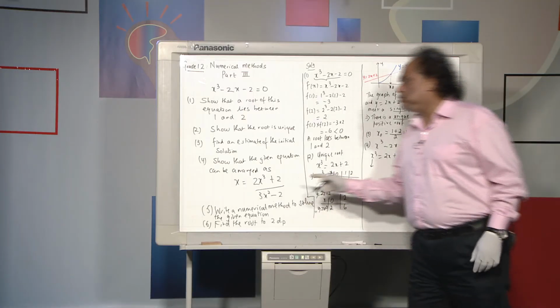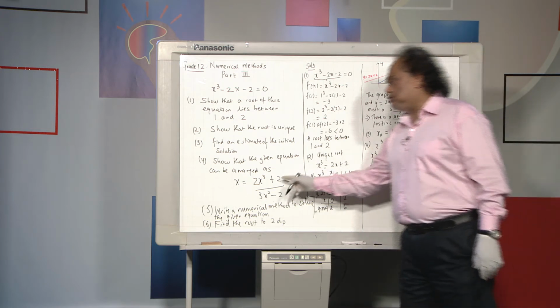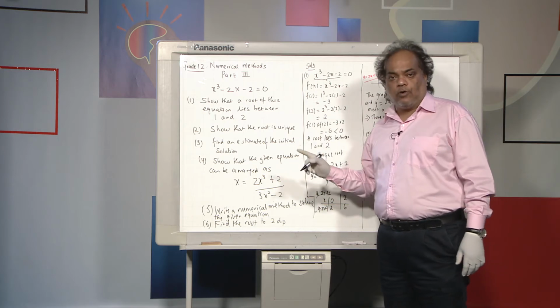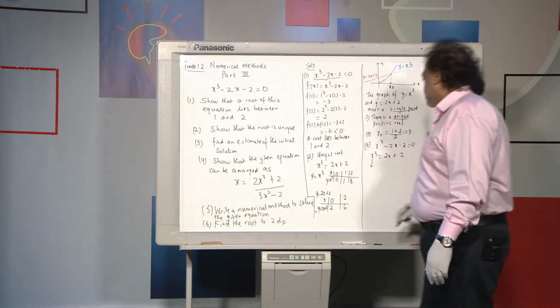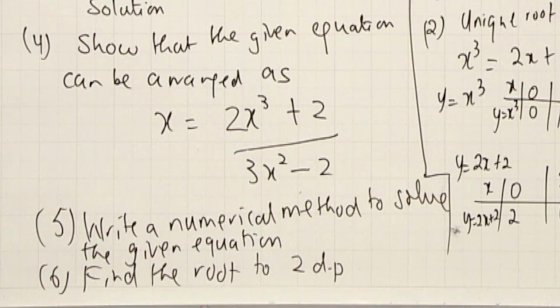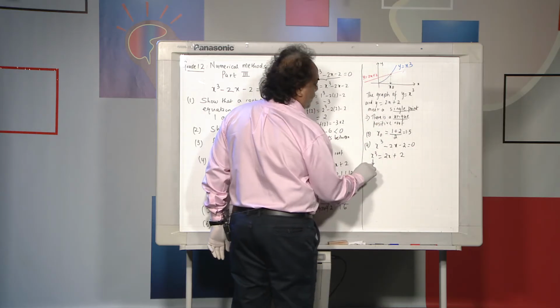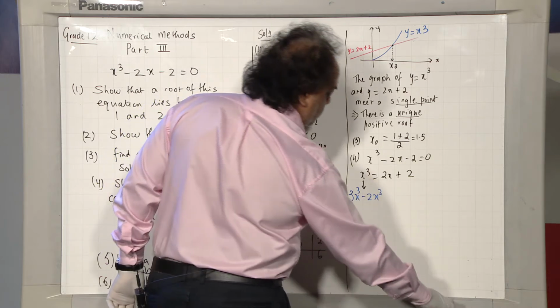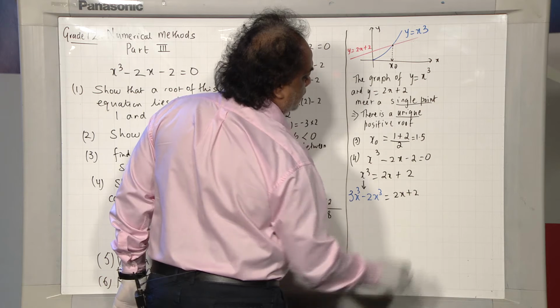Here we are asked to show that it rearranges to this form. As I said, this is only one of the forms in which this equation can be rearranged. So, for this rearrangement, we are going to write x cubed as 3x cubed minus 2x cubed, which is equal to 2x plus 2.